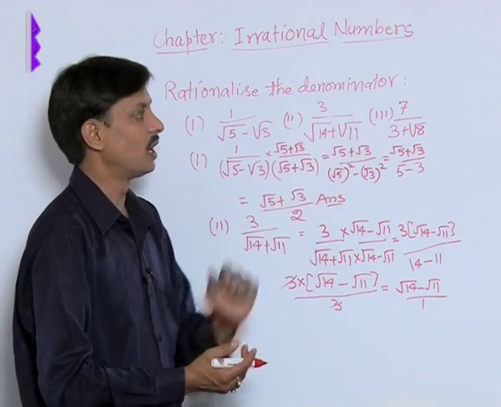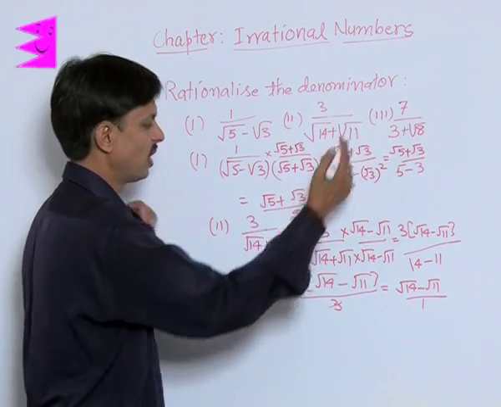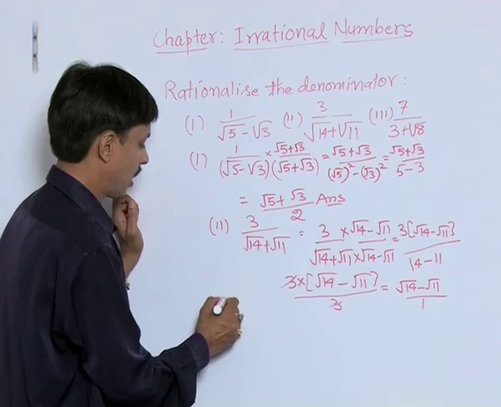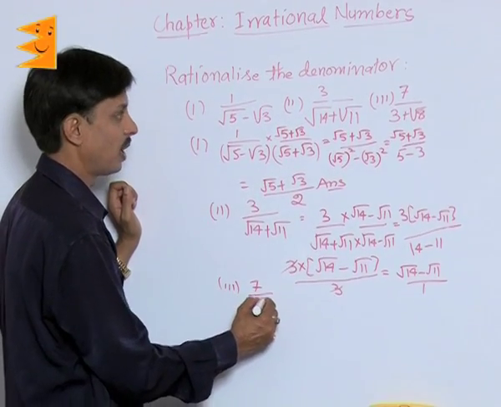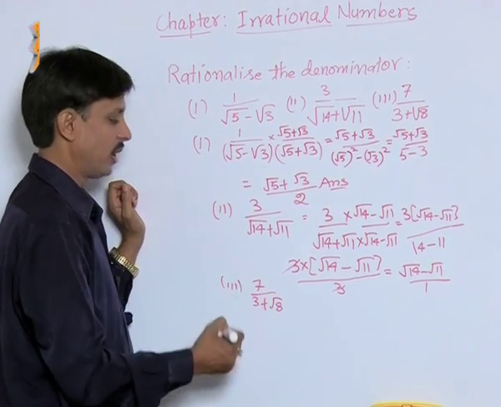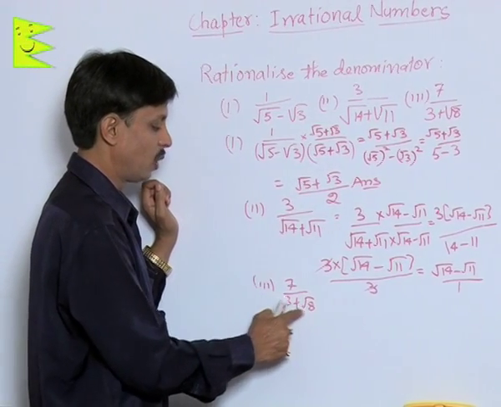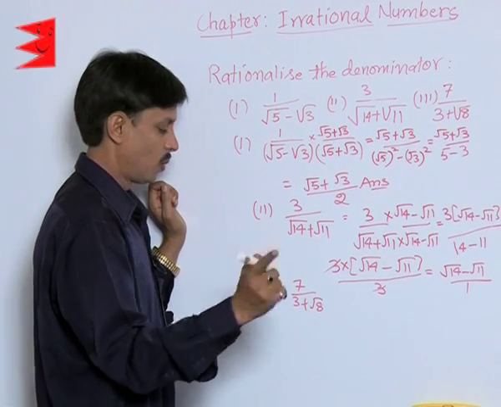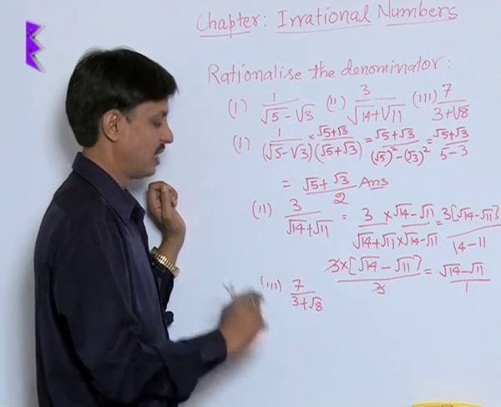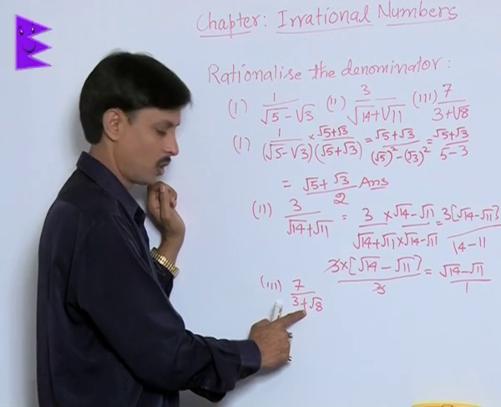Now I am taking the third example, 7 upon 3 plus root 8. Again very simple. The sign between the two terms of the binomial is positive, so the conjugate has the negative sign.